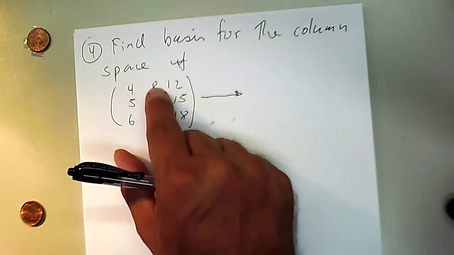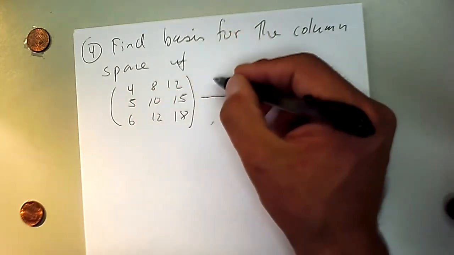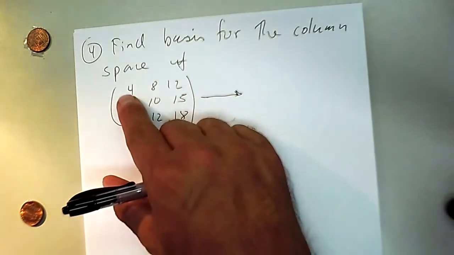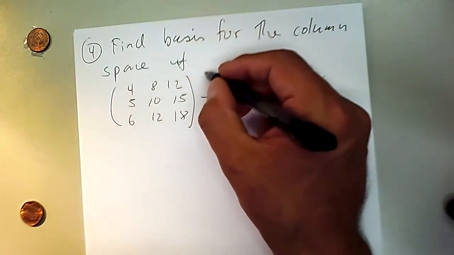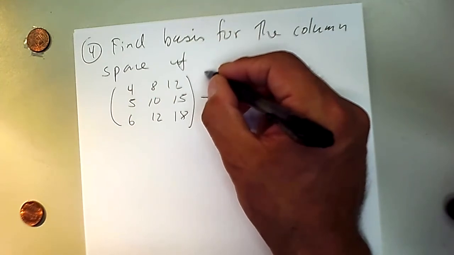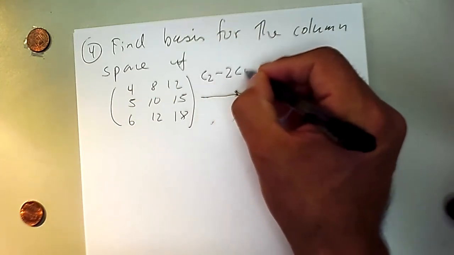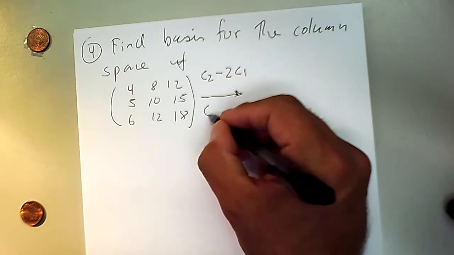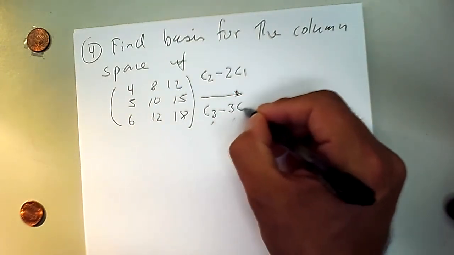So I want to eliminate that 8 and that 12. And that shouldn't be too difficult because 4 is a factor of 8 and 12. So we're going to take column 2 and take away twice column 1. We're going to take column 3 and take away 3 times column 1.